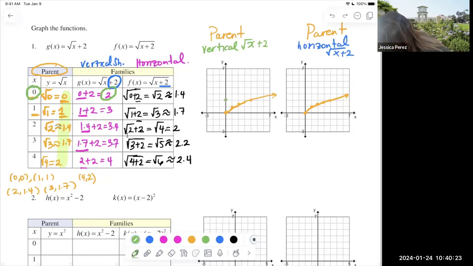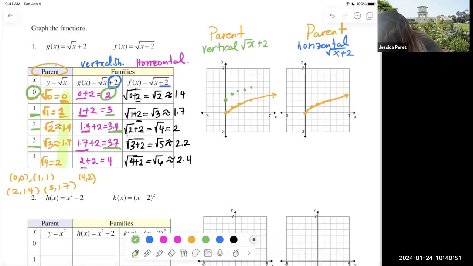So 0, 2, right here. 1, 3. 2, 3.4. 3, 3.7. And then 4 and 4.